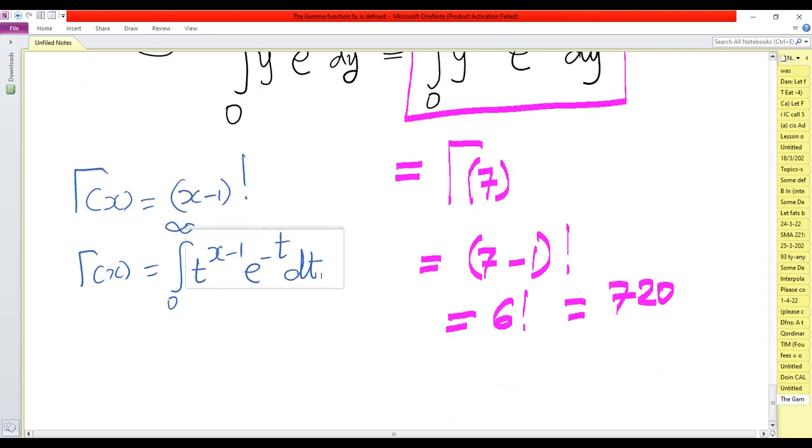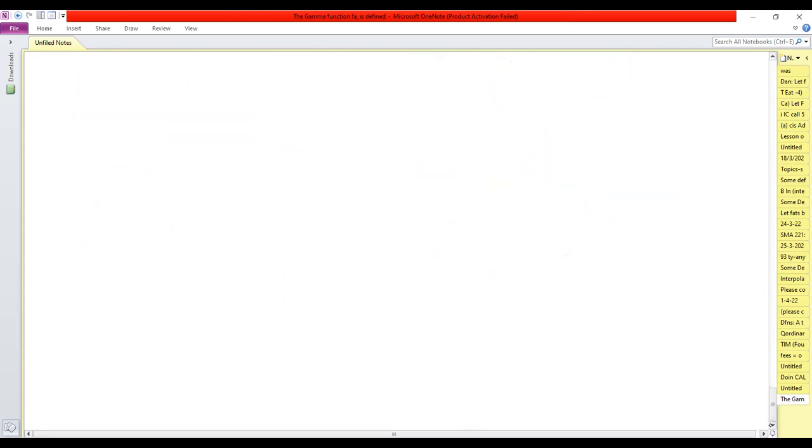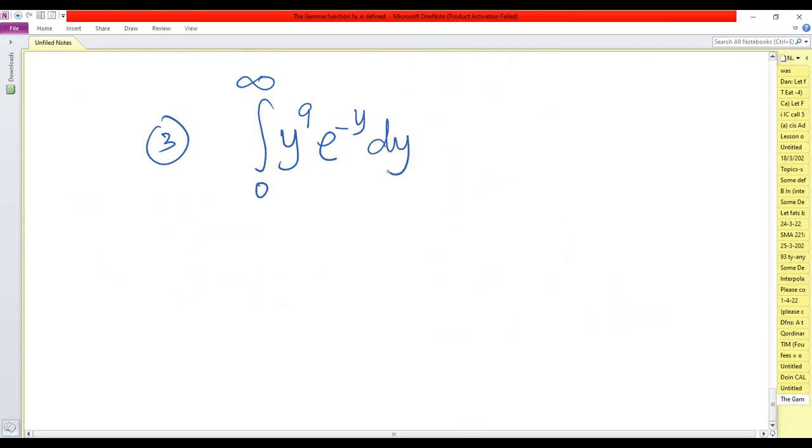Number 3 of that problem was to evaluate the integral from 0 to infinity of y power 9 e raised power minus y dy. So also what you do, you rewrite this one as integral from 0 to infinity.